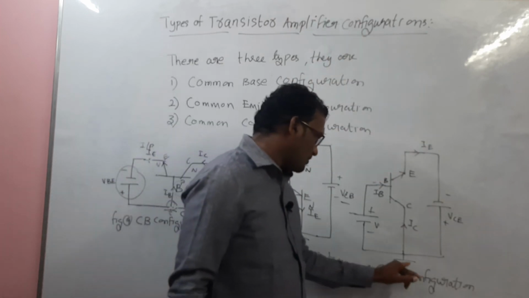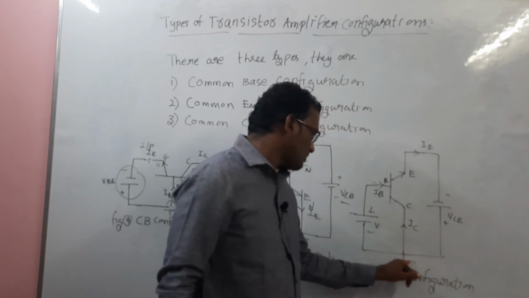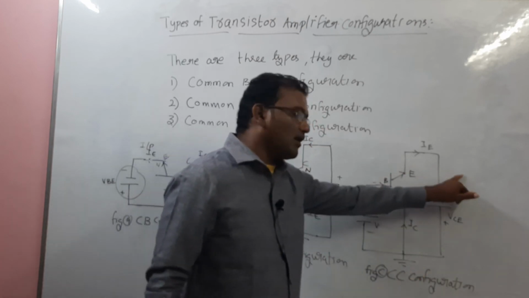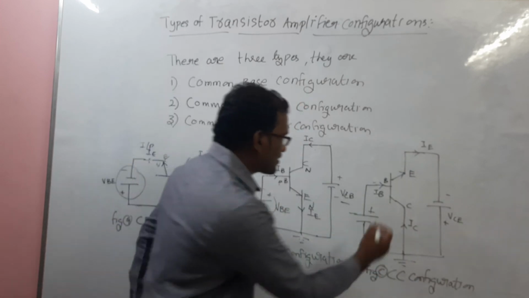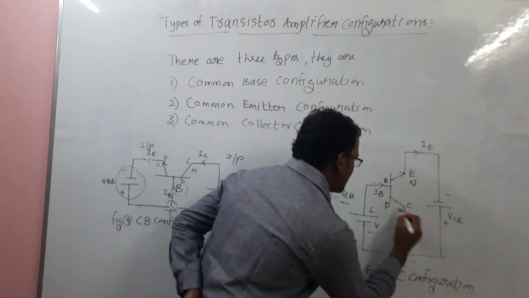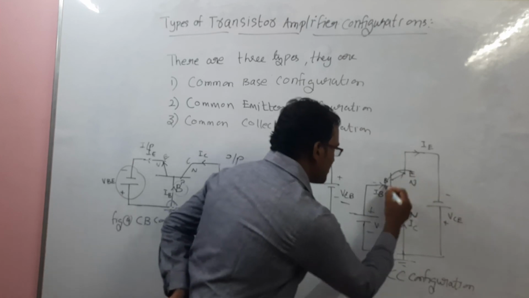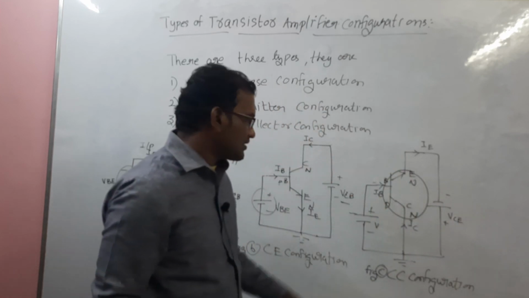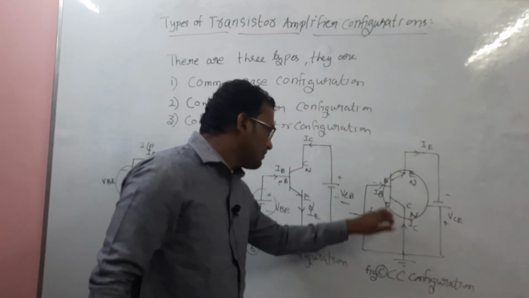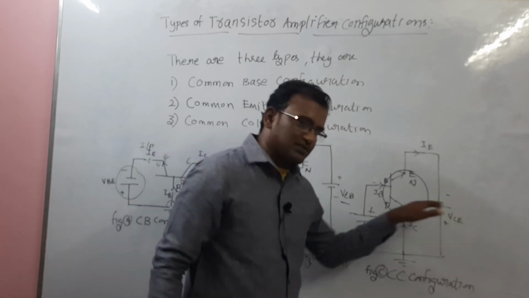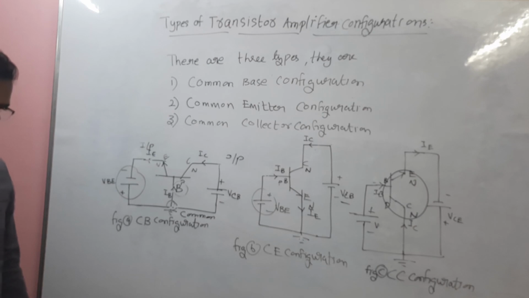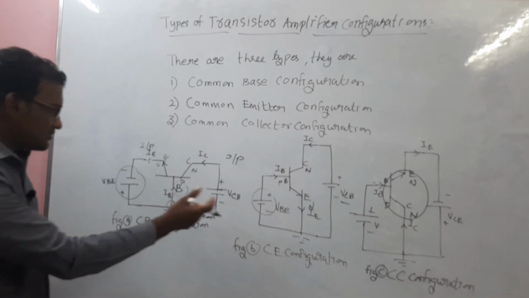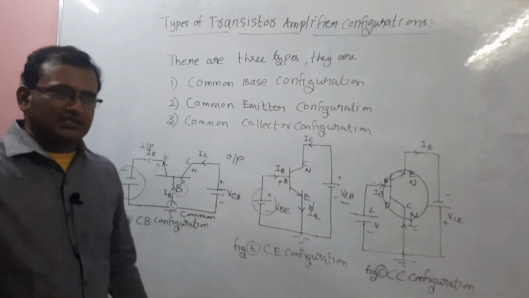Here common collector is C, so C is the common between input and output. Input is base current and output is emitter current. Accordingly, for the NPN transistor, you can easily identify the supply voltage. These are the three configurations, which will be discussed in detail in the next class.